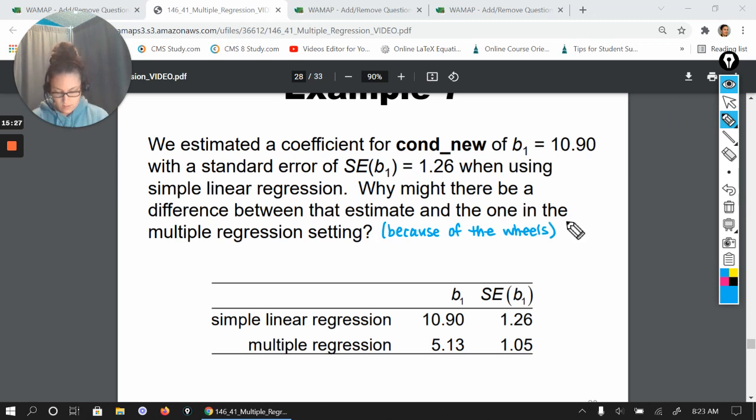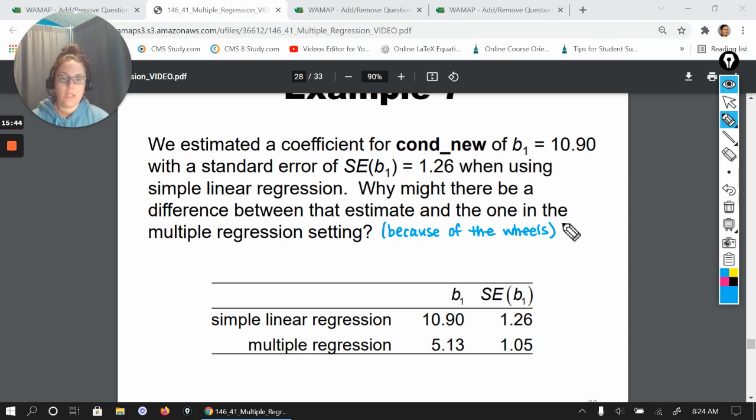Without having that variable involved, you won't know what else drives the price up, right?